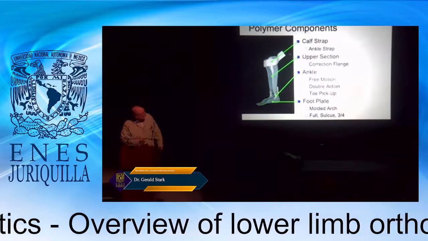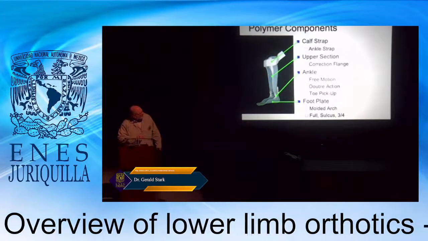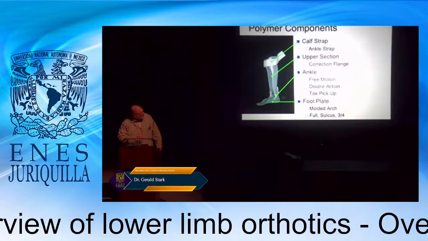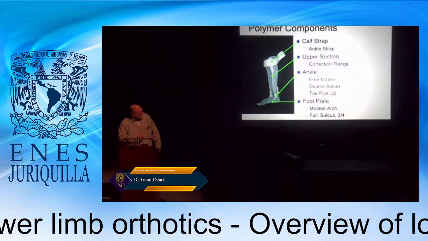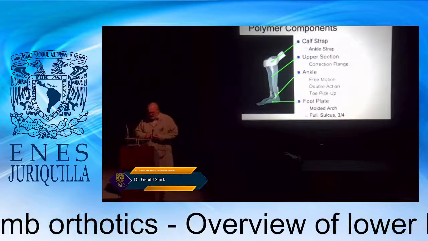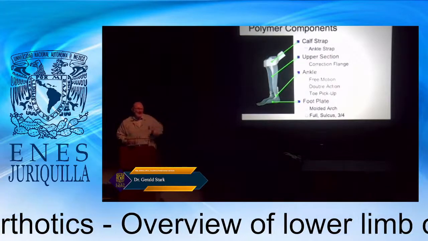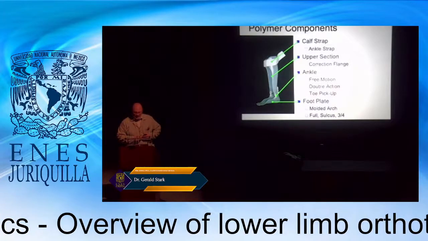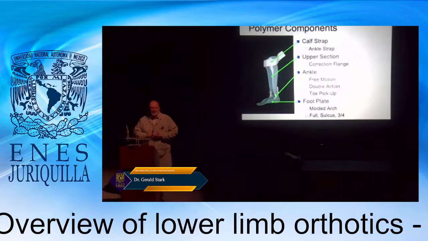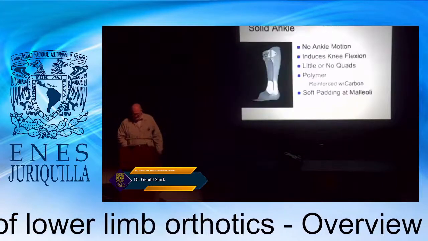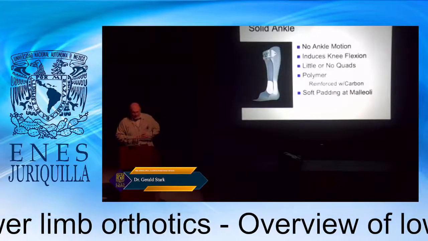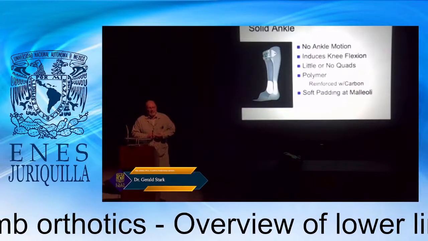So with the polymer components, you have your calf strap, you have your upper section, and then you can choose any sort of joints. These particular joints are known as Tamarack joints or free motion bendable joints, and they're made by Marty Carlson at Gillette. He created these and called them Tamarack joints. We don't have to articulate with the polymer device.